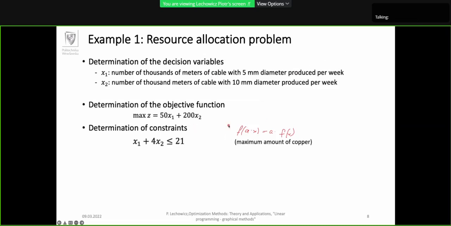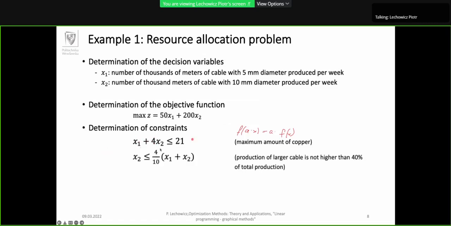And we have to determine the constraints. So we have the maximum amount of copper which we can produce, and it's equal to 21,000 meters according to some business constraints, and the production of a larger diameter cable requires 4 times more copper than the production of a smaller diameter cable.